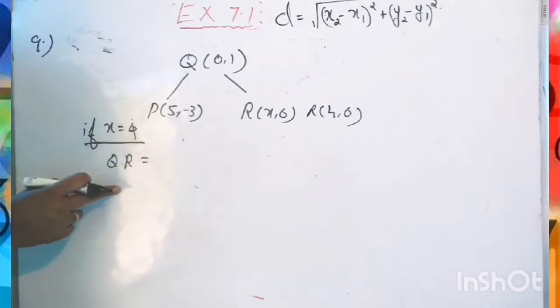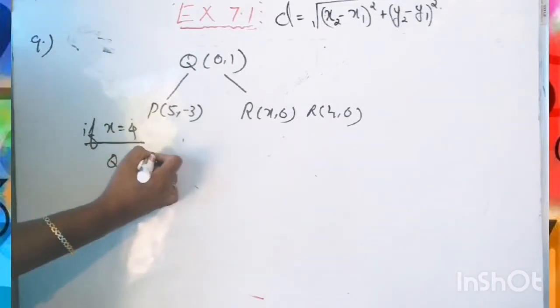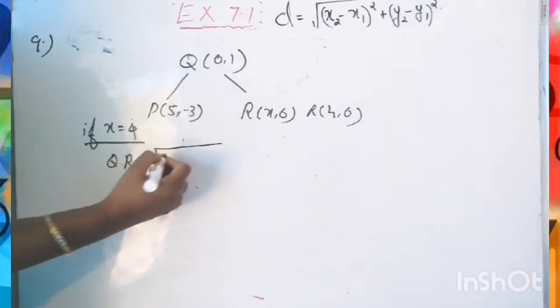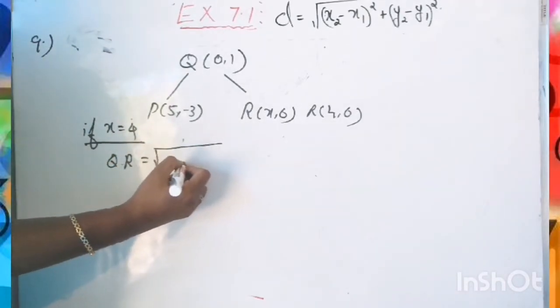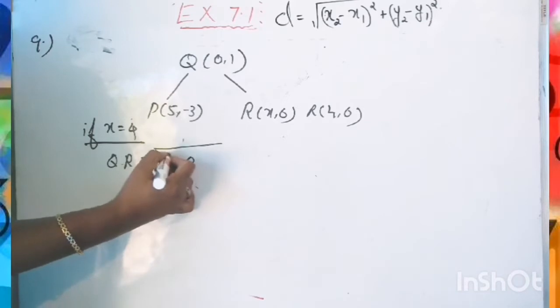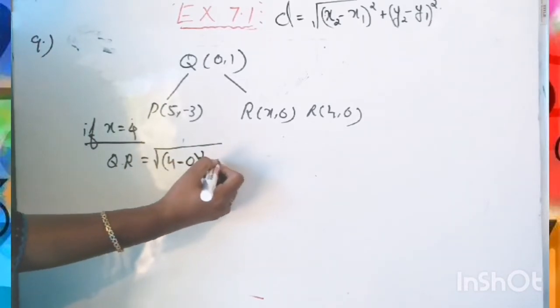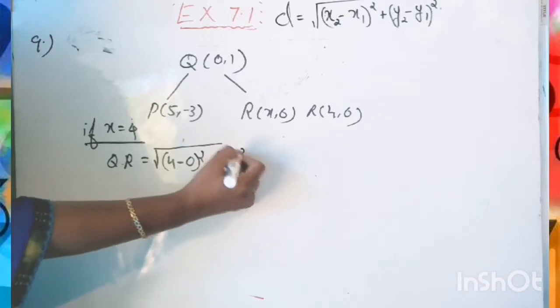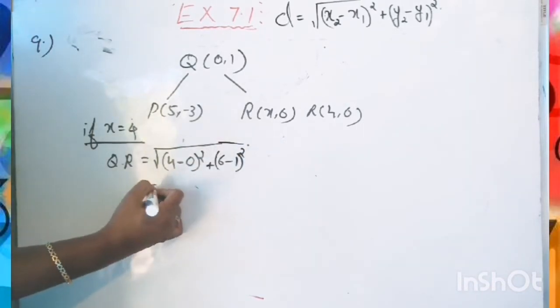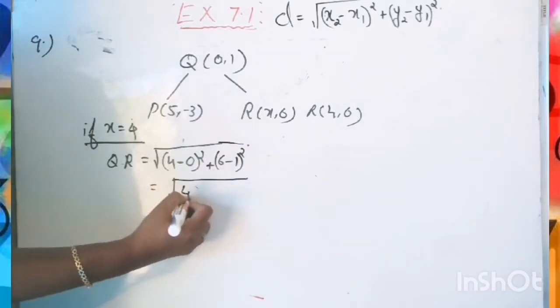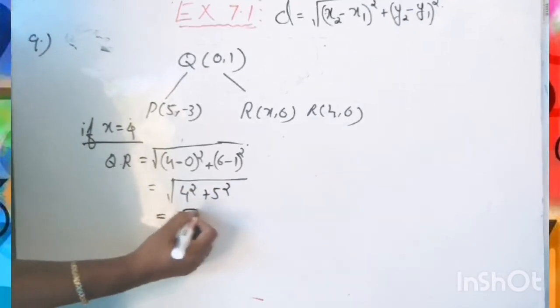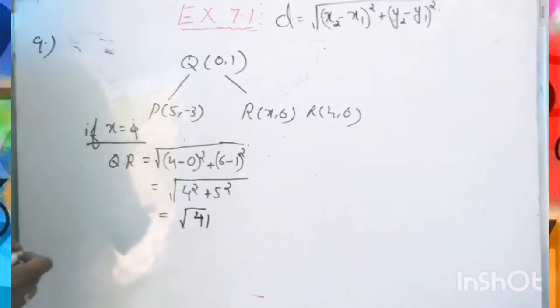Now QR is equal to square root of (x coordinate of R minus x coordinate of Q) all square plus (y coordinate of R minus y coordinate of Q) all square, and this is equal to square root of 4 square plus 5 square, which is square root 41.